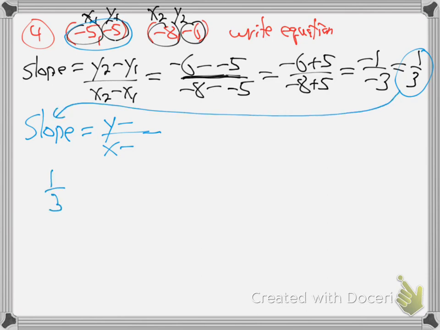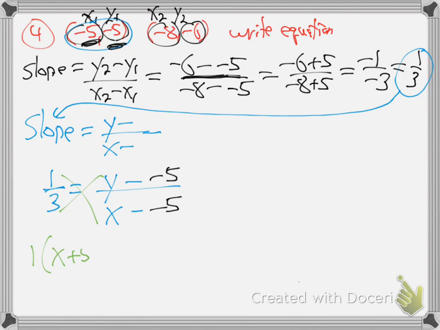So that'll be 1/3 equals y minus, x minus, and then you put the x1 negative 5 behind the x, the y1 negative 5 behind the y. And then we go diagonal, so it'll be 1 times x plus 5, right, because double negatives make positive, equals 3 times y plus 5, because double negatives make positive.